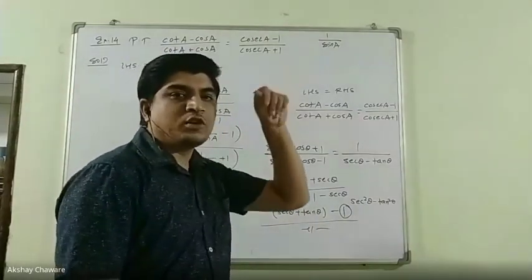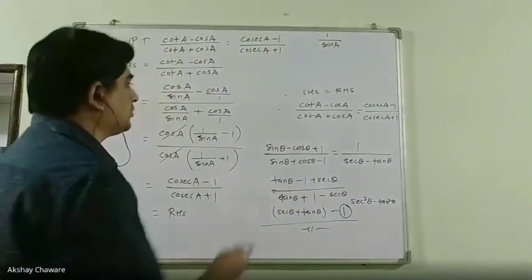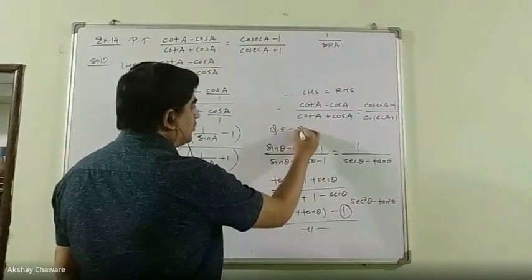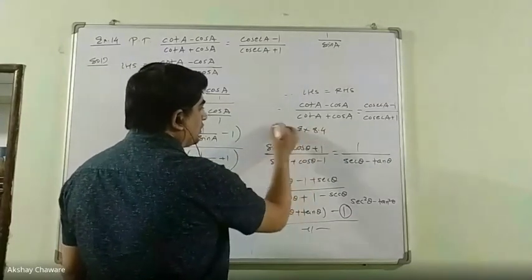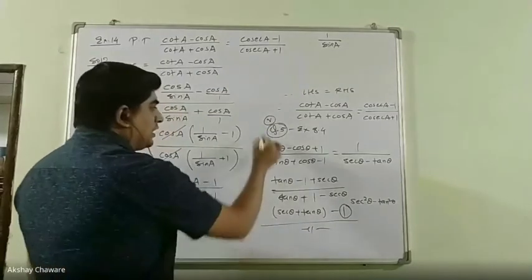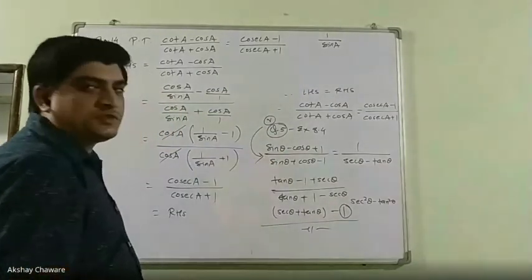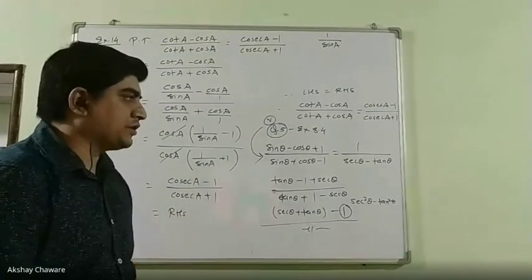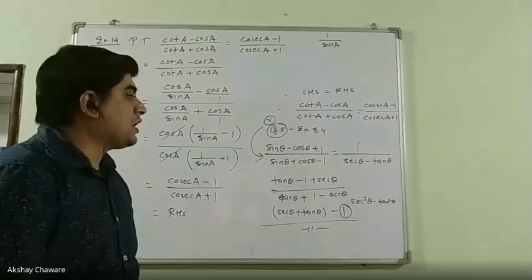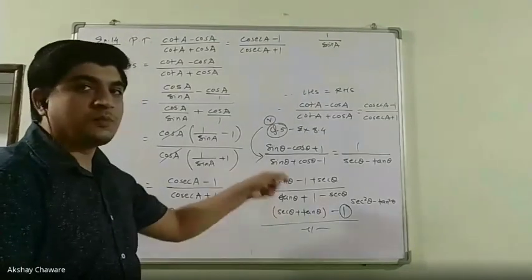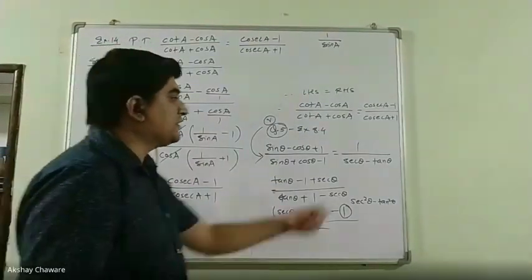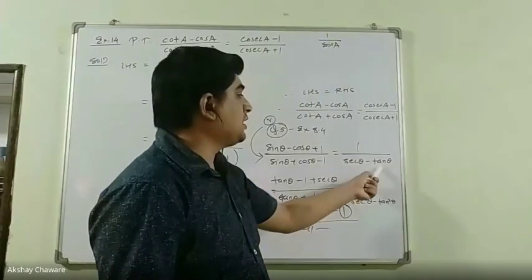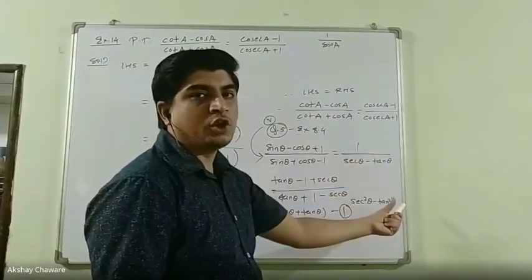Just like the question we did in Exercise 8.4, question number 5, the fifth sum of that question. It is just similar, follow the same steps, and your answer will come, right? Okay, and the answer will be sec theta plus tan theta, but we want sec theta minus tan theta as the answer, so we will adjust this sec theta minus tan theta in the numerator as well as the denominator.